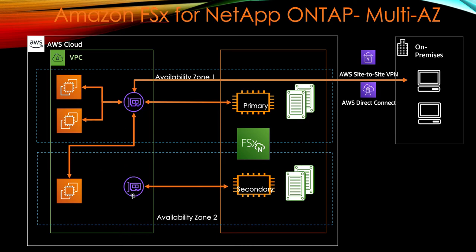All the traffic will be routed to your secondary ENI, and your production application will keep on working. Once the deployment or update is complete, it will fall back to the primary ENI or primary file system. So that's how multi AZ works.